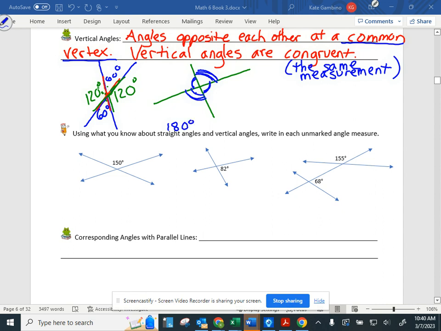And vertical angles are opposite and congruent. So if we have 150 degrees right here, what measurement is this angle? If up here is 150 degrees, it's congruent. It's opposite and they have the same vertex. So it's 150.